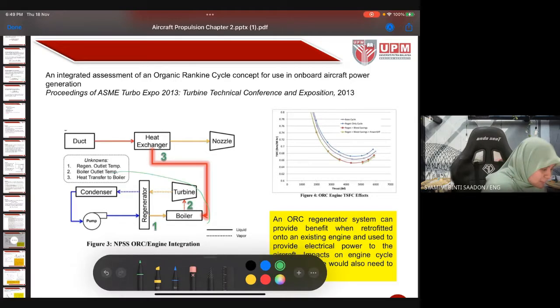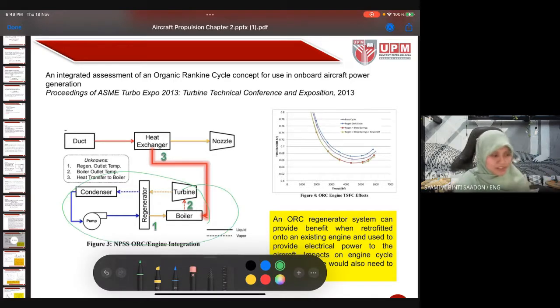This part is the ORC, organic Rankine cycle part. This ORC has the main basic device components: pump, condenser, turbine and boiler, plus a regenerator.